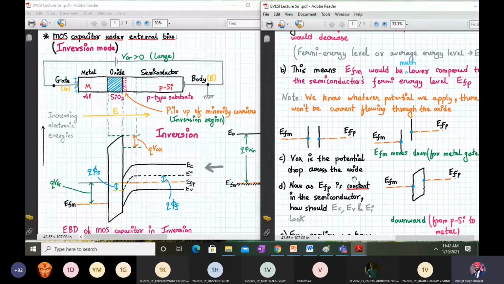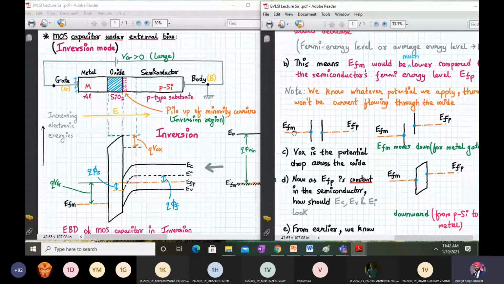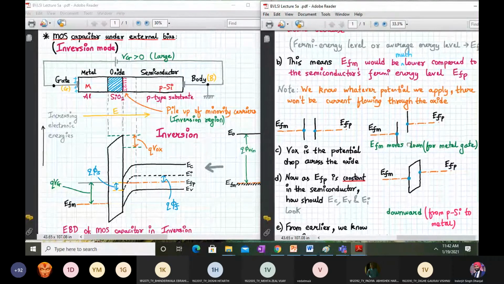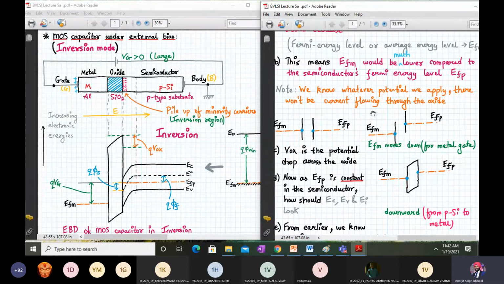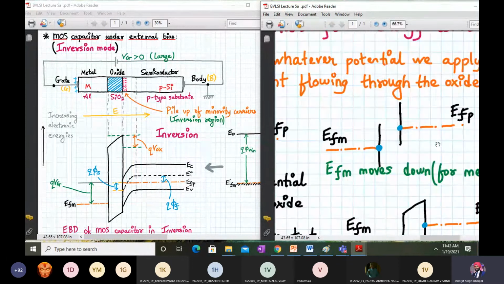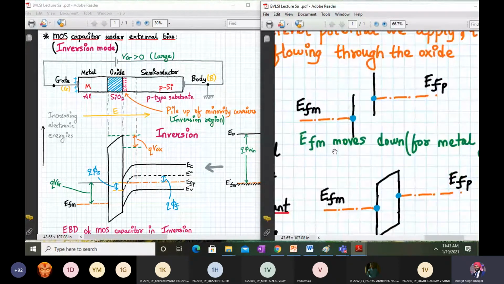So we say that, before we apply any potential, let's say that EFM and EFP are at the same level. Now we apply a very large value of VG. So what will it do? A very large value of VG will bring the EFM down. Okay, as you can see clearly over here, it will bring the EFM down, because if we apply a positive potential, the Fermi energy level will come down.